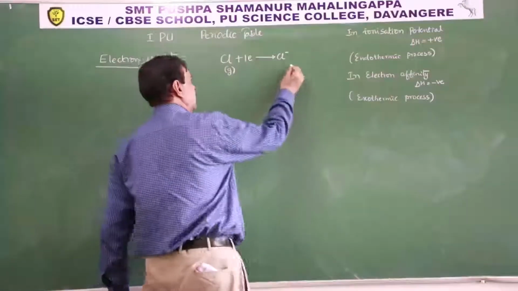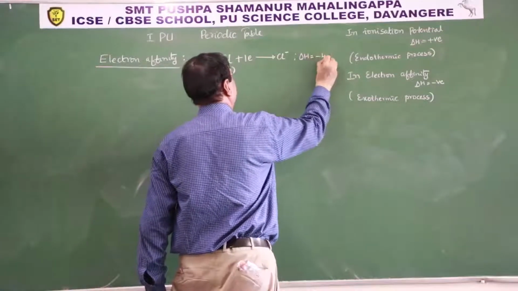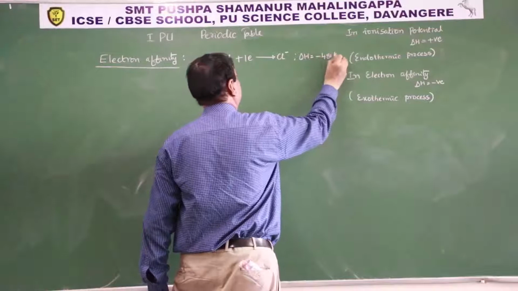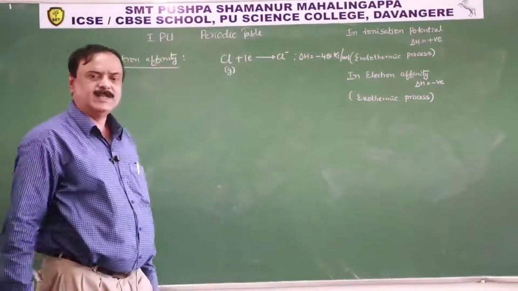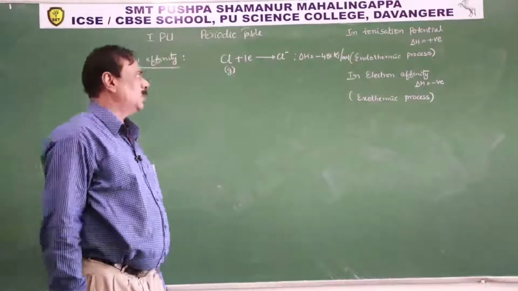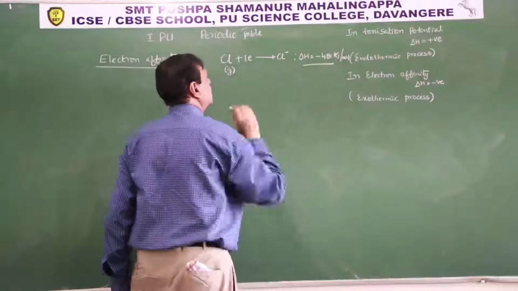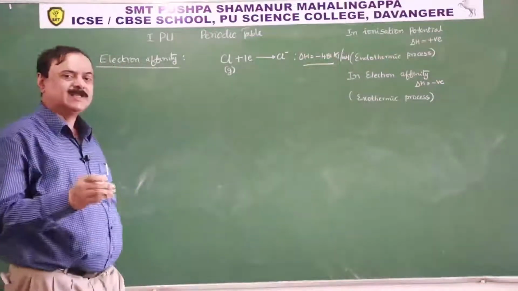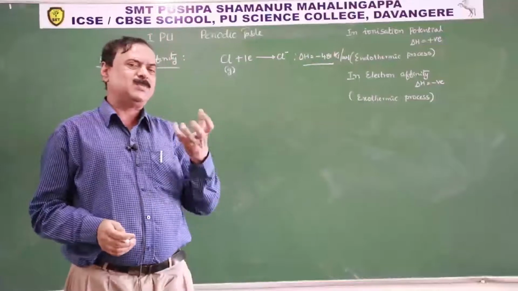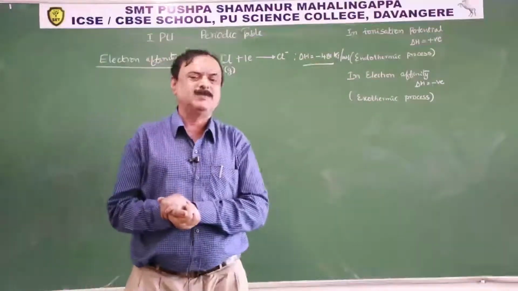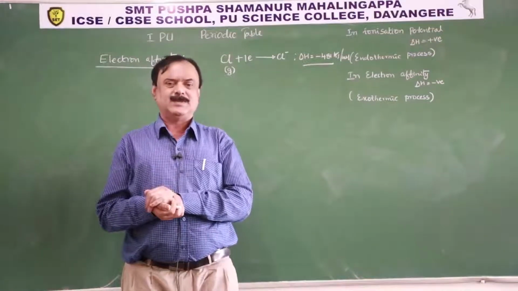Here Cl minus, delta H is equal to minus 481 kilojoules per mole. If the energy released is higher, the energy possessed by the species is minimum. In such cases, the anions are more stable.